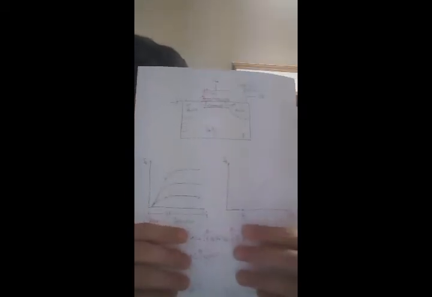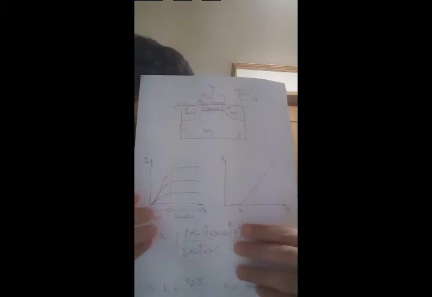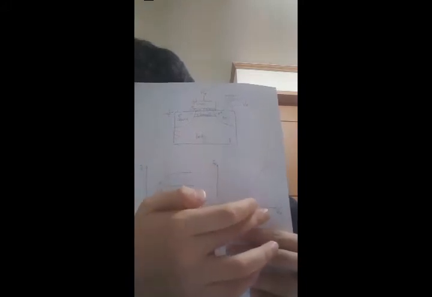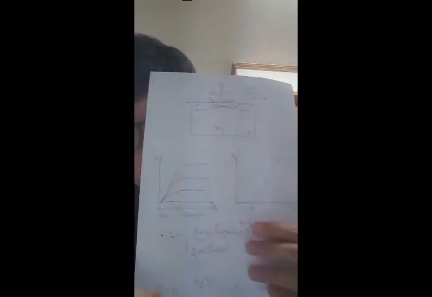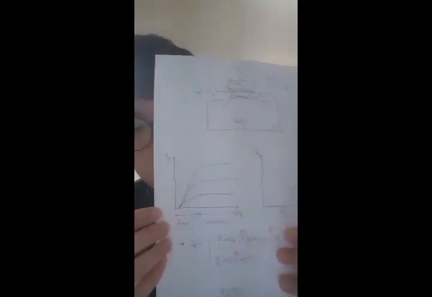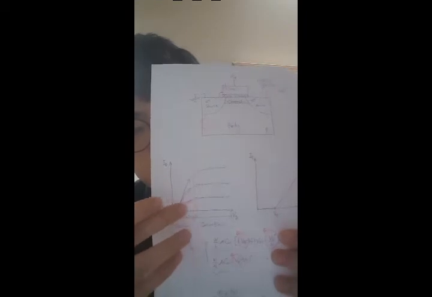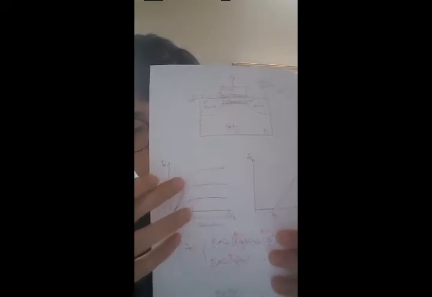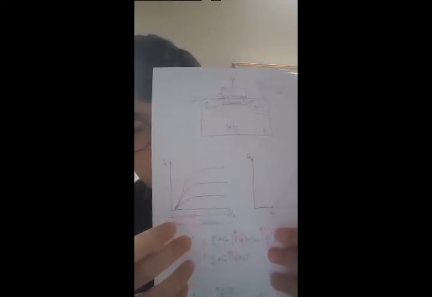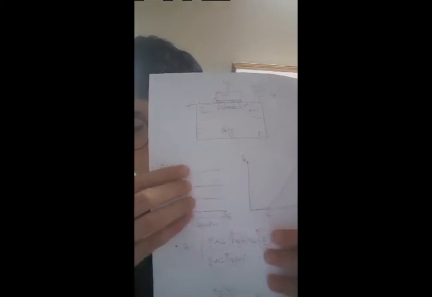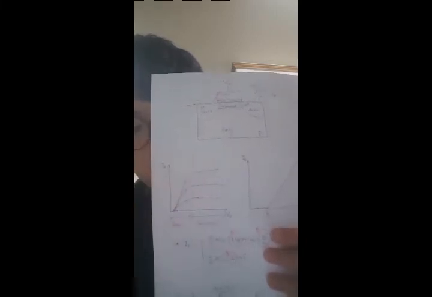These two graphs are about the characteristics between the drain current and drain bias, and drain current with the gate bias. First, with the drain bias, the drain current increases linearly before a specific point, but it stays constant after this point.